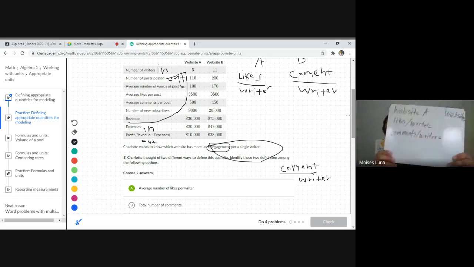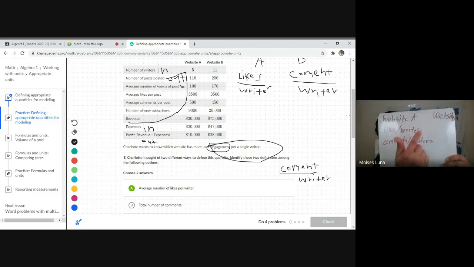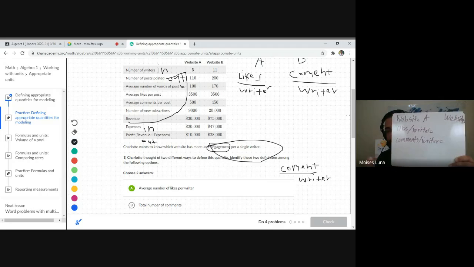Here you have website A and website B. Although I wrote it down here, you need to do this for both. You need to do likes per writer for both websites, and then comments per writer for both websites. And you need to compare the final numbers.